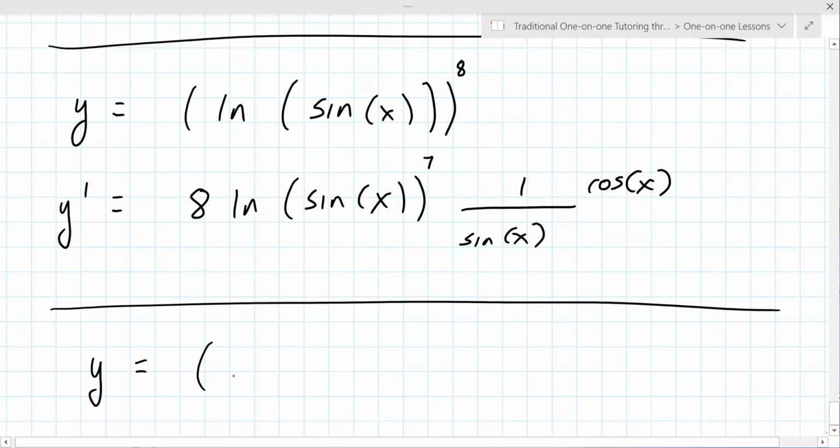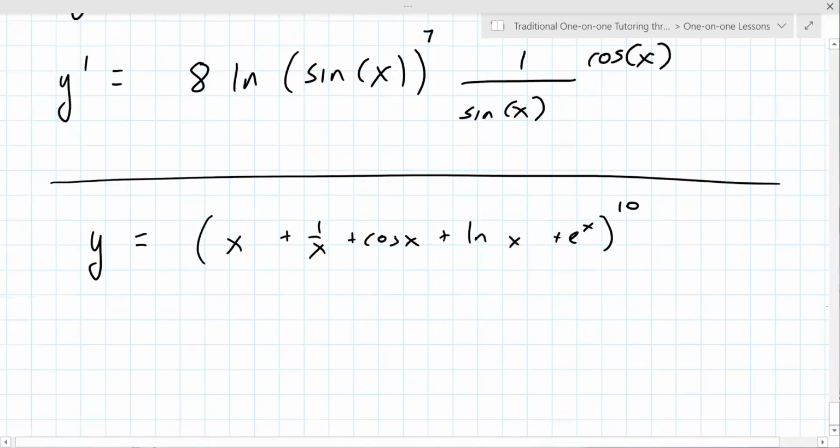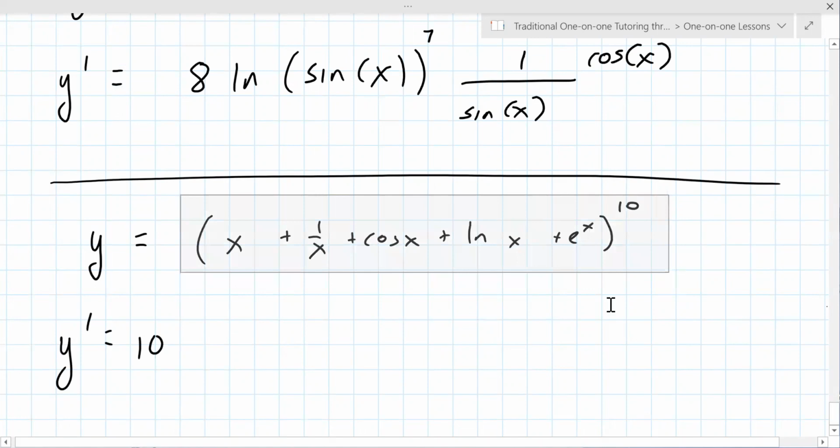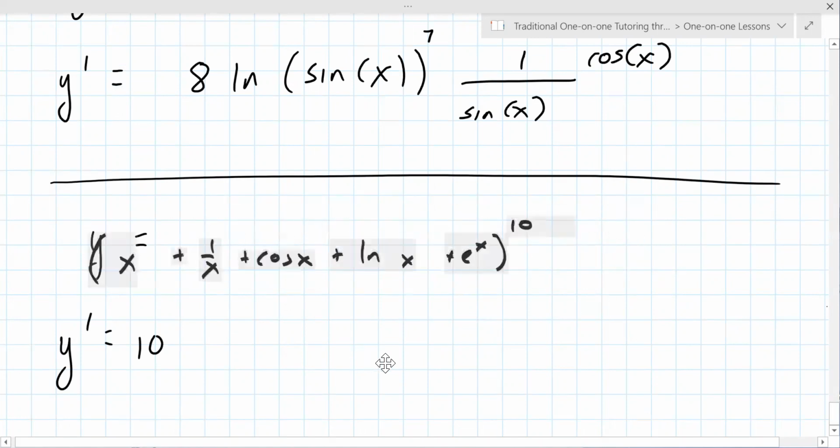Let's say y equals x plus 1 over x plus cosine x plus natural log of x plus e to the x, all to the power of 10. What is the most outside function here? The 10. So you bring down the 10 and do the power rule first: 10, then open the parentheses and write the whole thing down.